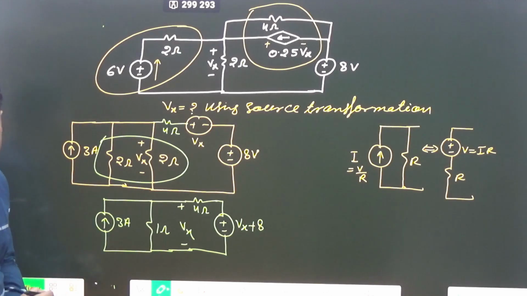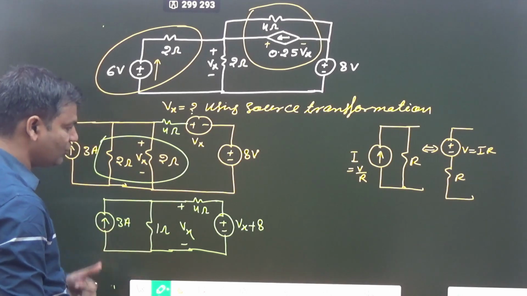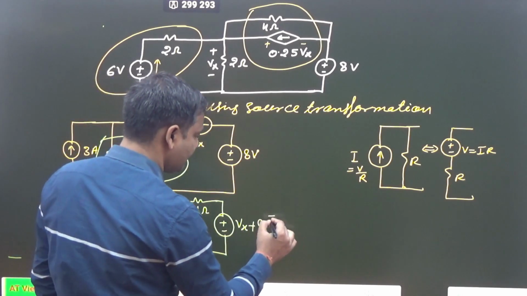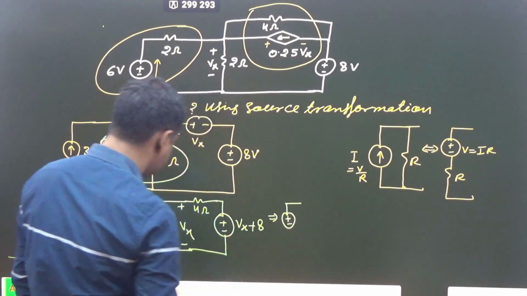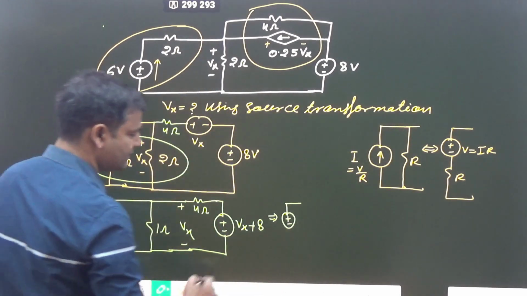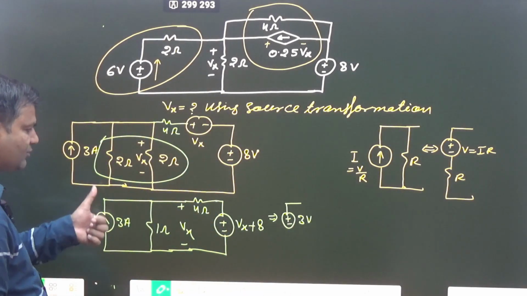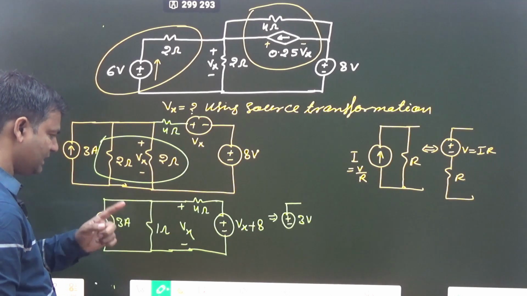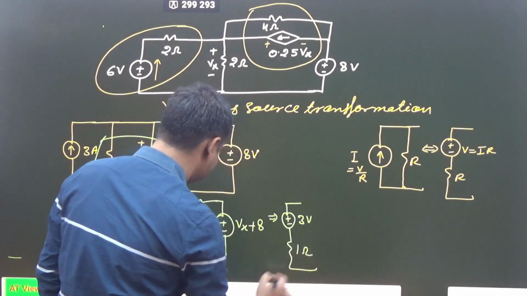Okay, after that, now this one is converted into a voltage source, and that one is written plus minus 3 into 1, that is 3 volt. Polarity is decided by the current direction upward, so the upper plate is positive, lower plate negative, and resistance 1 ohm.